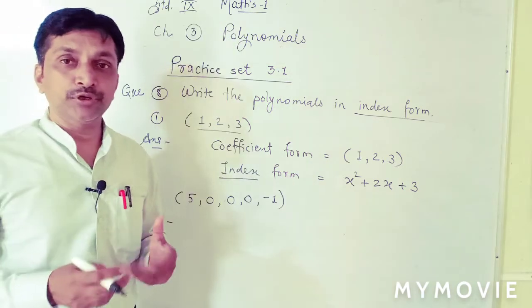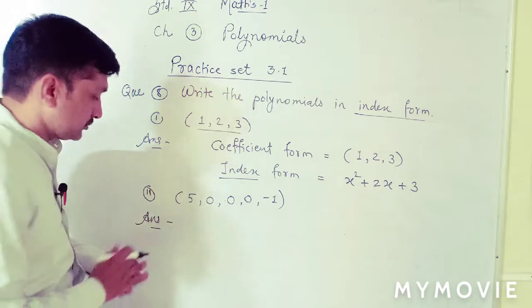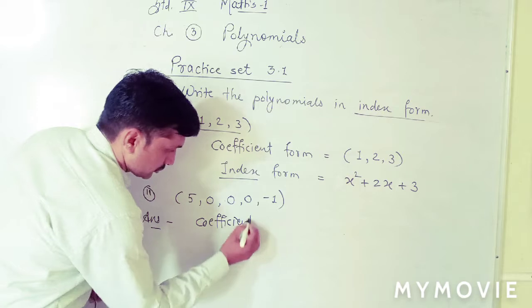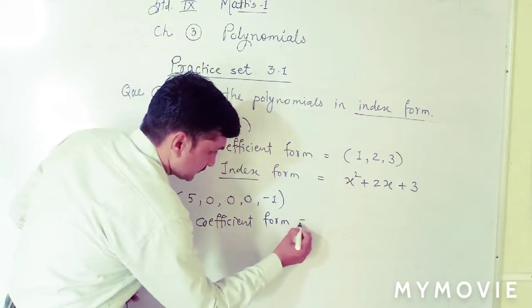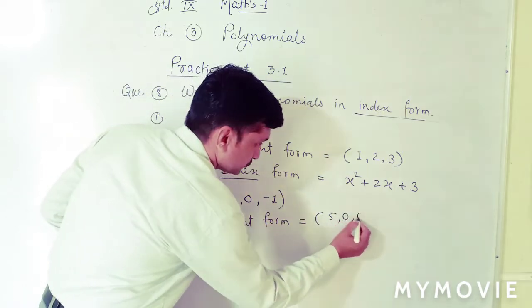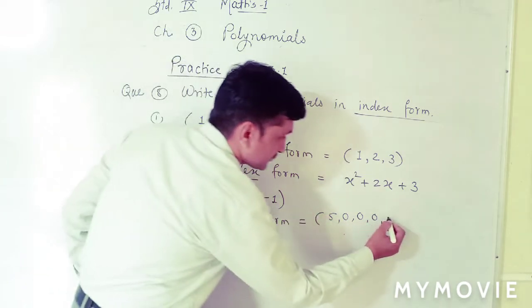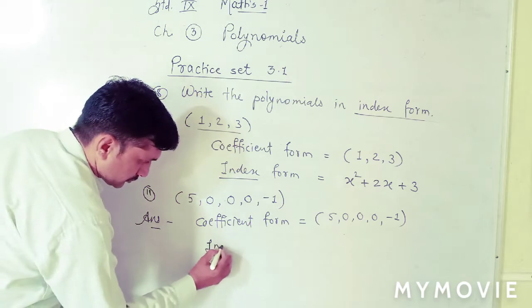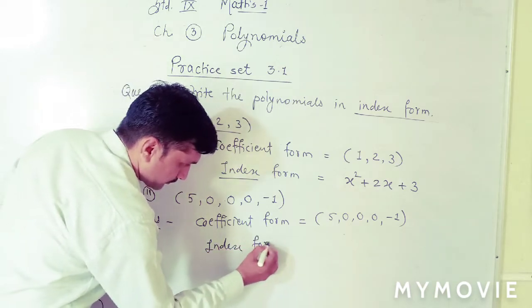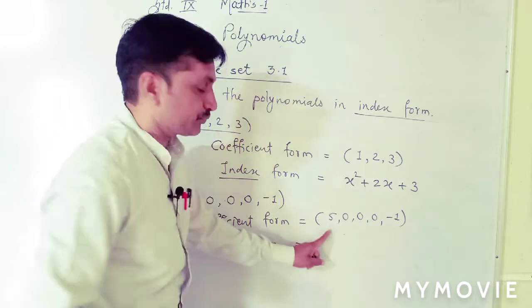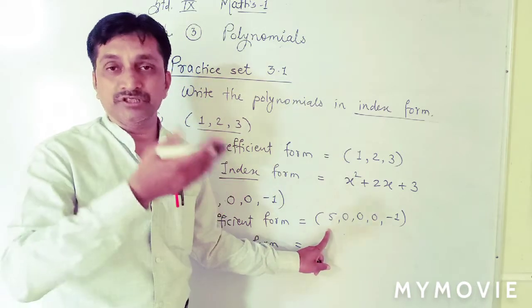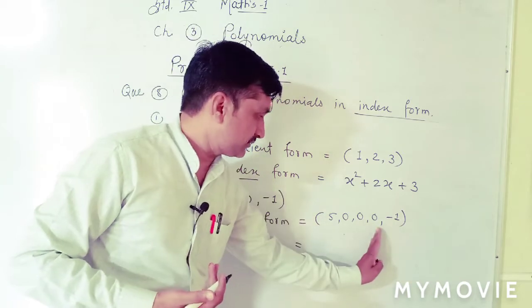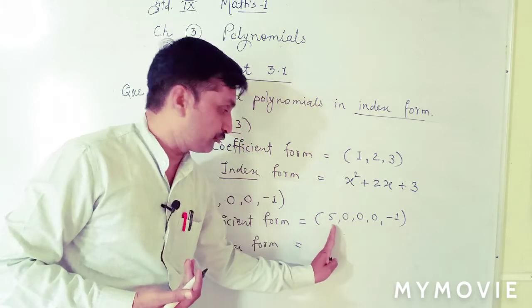Now the second polynomial is given in coefficient form. I write first, as it is, the coefficient form: 5, 0, 0, 0, minus 1. Now we have to write in index form, in variable x. But first find out what the power is, then count from the rightmost: 0, 1, 2, 3, 4.